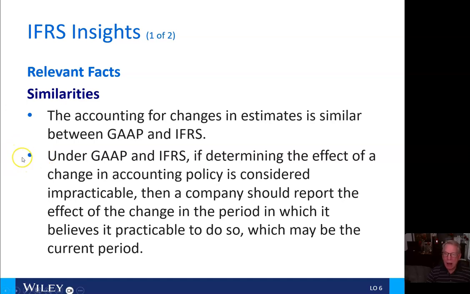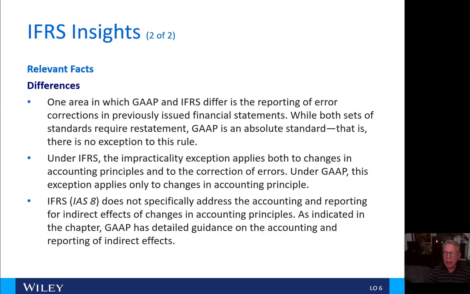Under GAAP and IFRS, if determining the effect of a change in accounting policy is considered impracticable, then the company should report the effect of the change in the period in which it believes it practicable to do so, which may be the current period. The differences, we have several here.